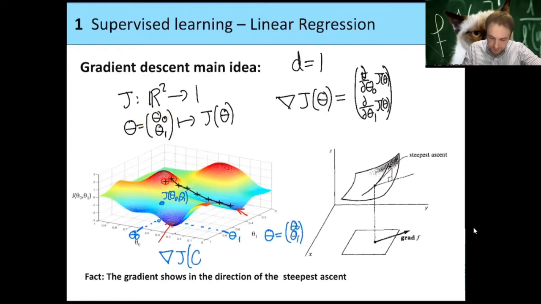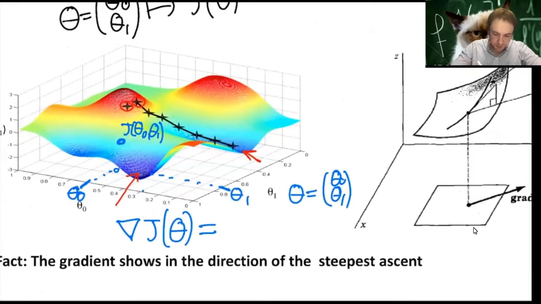If I evaluate the gradient at this blue point here, then maybe it will be a vector which shows in this direction, because in this picture we see that the value goes up. So maybe it could be that it goes in the direction, I don't know, (-1, -1).